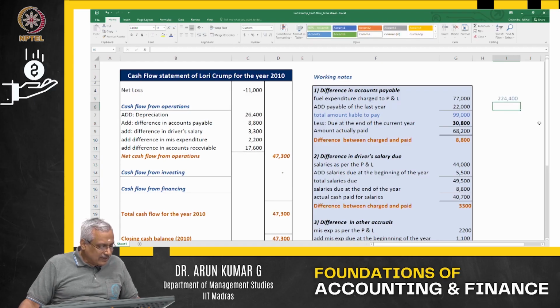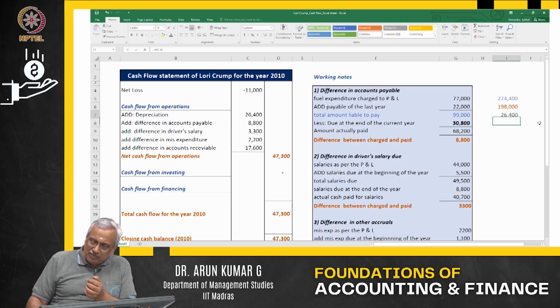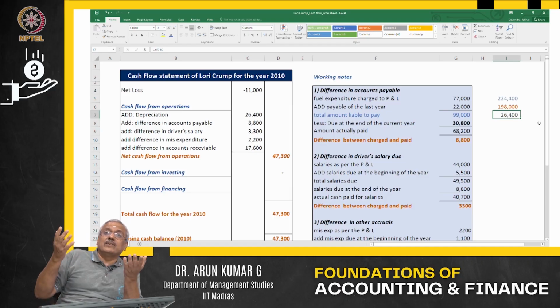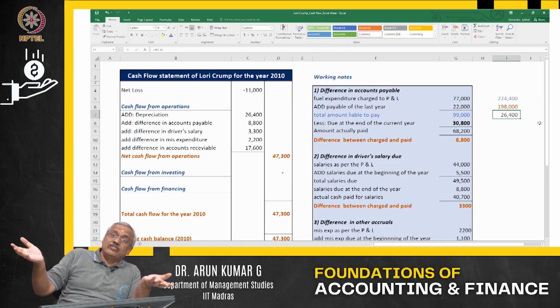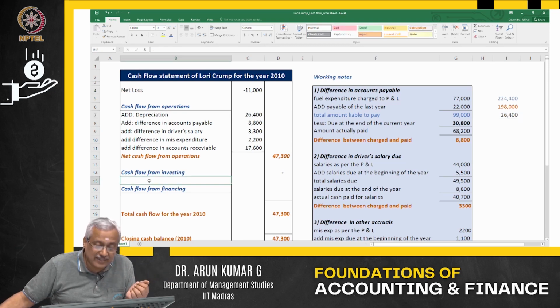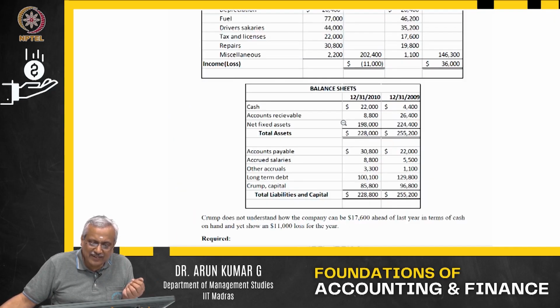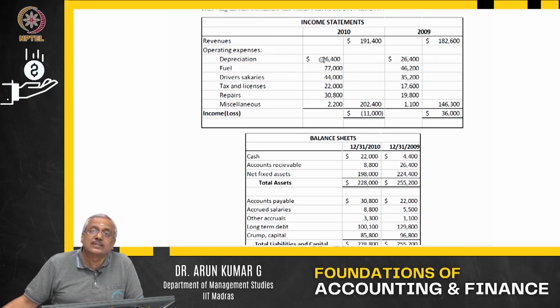Current year what is it? It is only about 1,98,000. That means what is the difference? The difference is 26,400, because you could have either sold the asset. If you have sold the asset, then there is a cash inflow because of an investing activity. Whereas this 26,400 matches exactly with the depreciation amount that is charged.